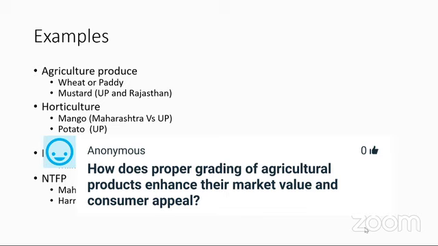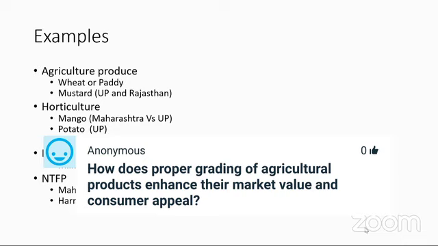Let me take the example of mustard. They usually test the mustard, and on the basis of the oil content, the prices are determined. I have seen this happening in UP 3 years back.